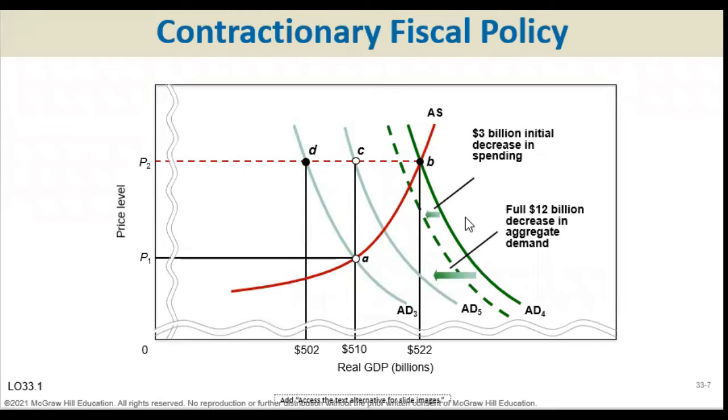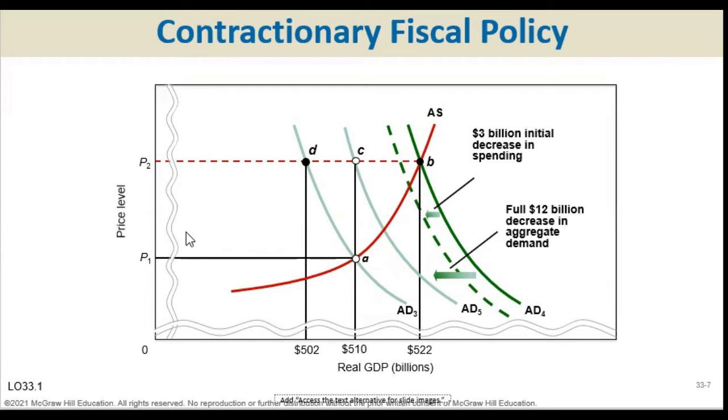Here, an increase in aggregate demand from AD3 to AD4 has driven the economy from point A to point B. And at the same time, if you look at the price level, it also ratcheted the price level up to P2, causing inflation.